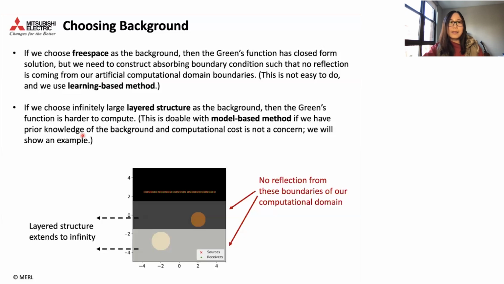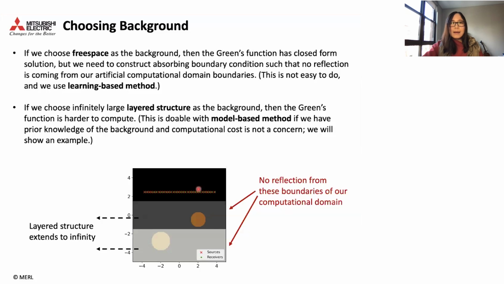And the second choice for the background could be this layered structure. Say our background will be air and the layered structure in the soil, meaning that without these two objects, I consider that as my background. Now we have to compute our incident field and also our Green's function for this layered structure.